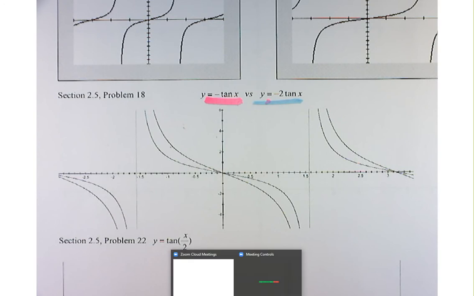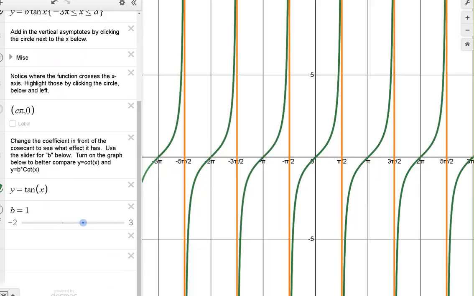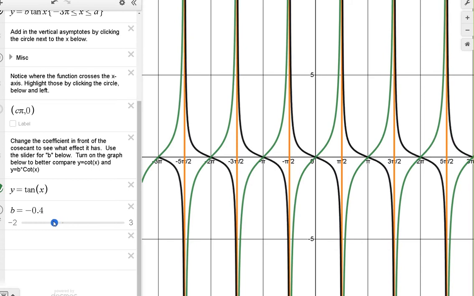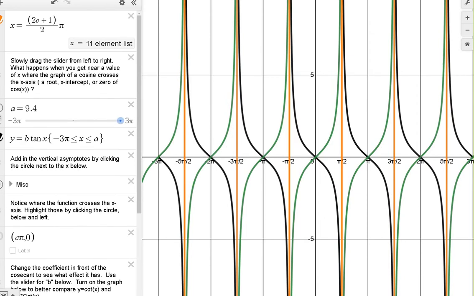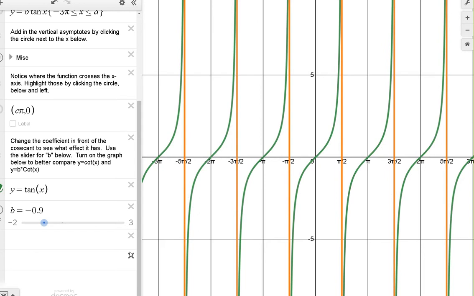So, okay, if I can find my Desmos link, there we go. So that would be when b is equal to -1. So I'll move that over to -1. Let me just shut this part of it off for a second. And then try and appreciate, well, what's going to happen?